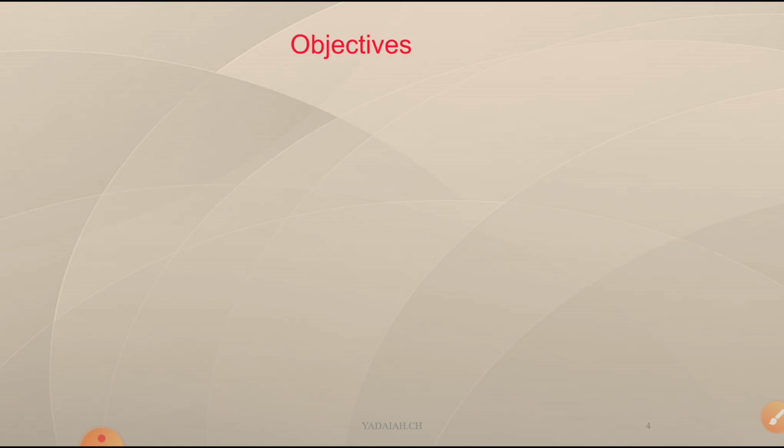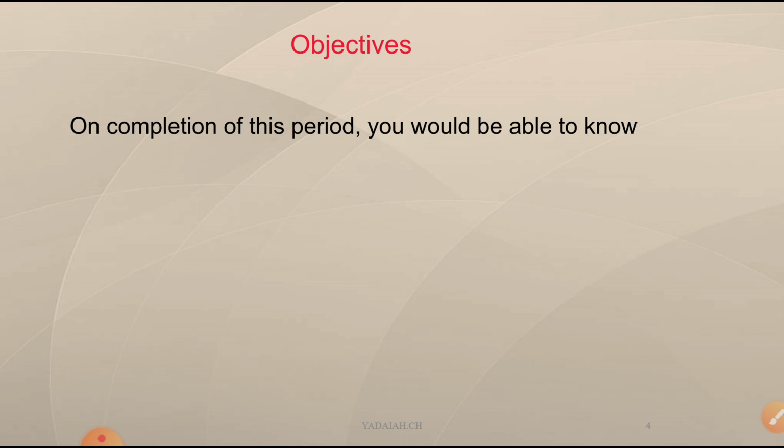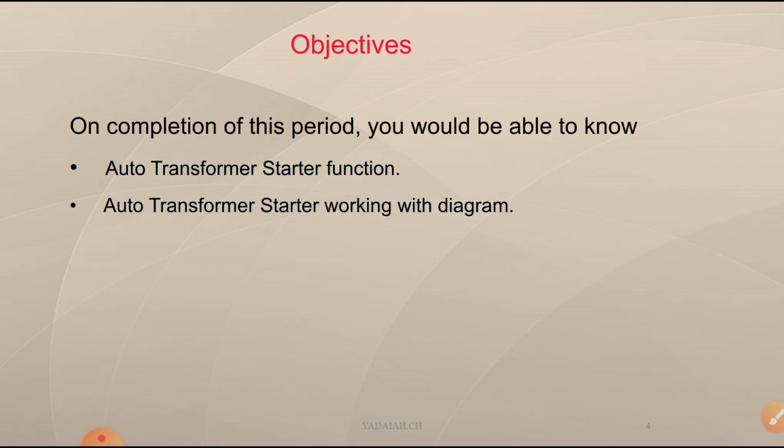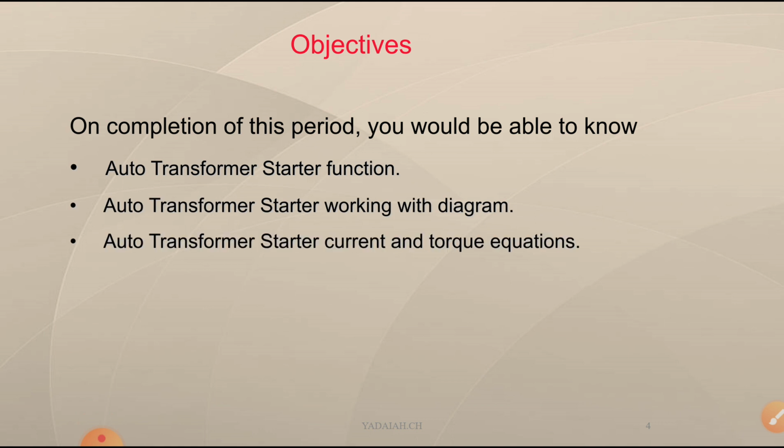So what are the objectives today? Main objectives in this session, you would be able to know the auto transformer starter function, auto transformer starter working with diagram, and auto transformer starter current and torque equations.